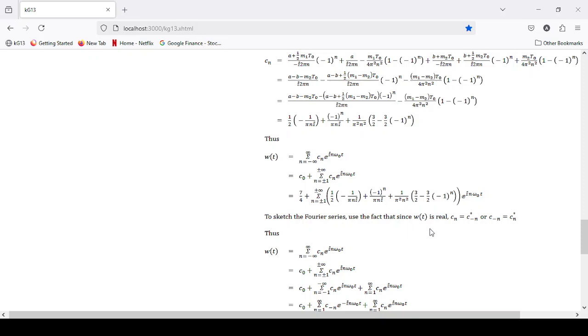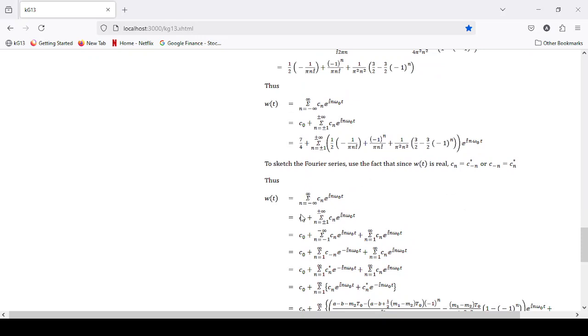Now to sketch the Fourier series, we use the fact that since the waveform is real, then Cn is C minus n star, as we have remarked above. So using this, we will eventually be able to write this form in a different form.